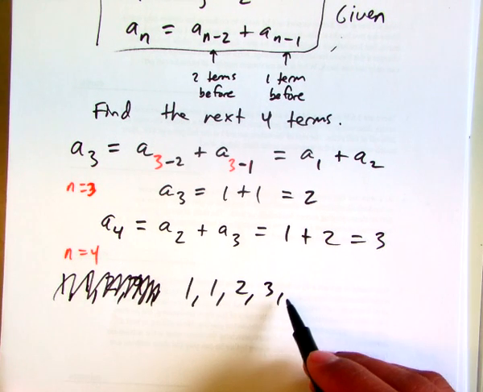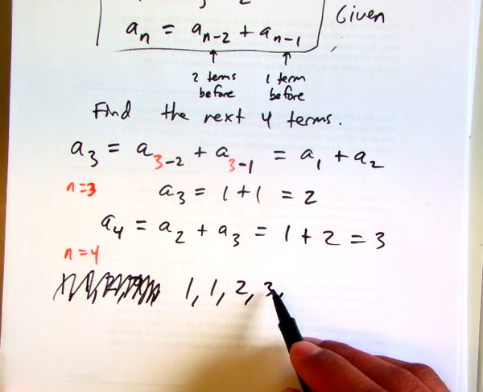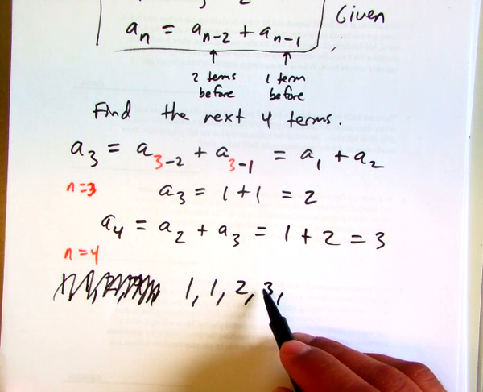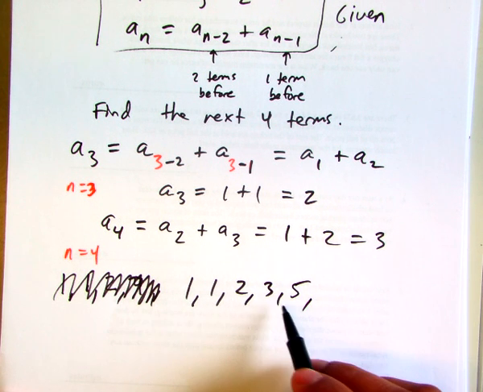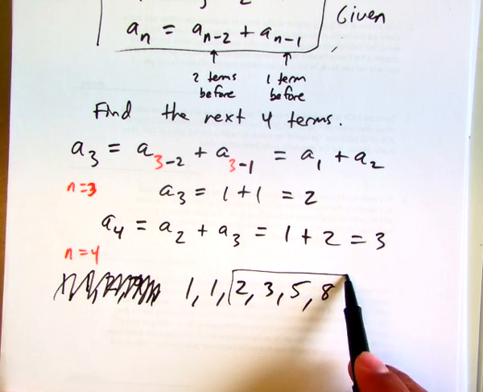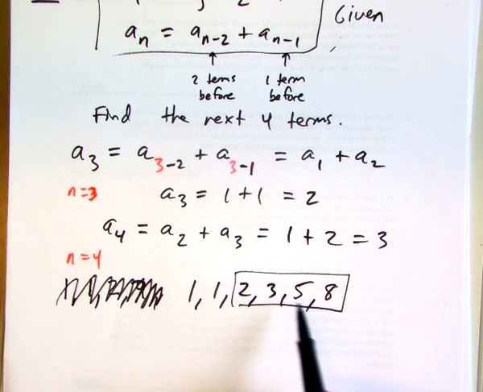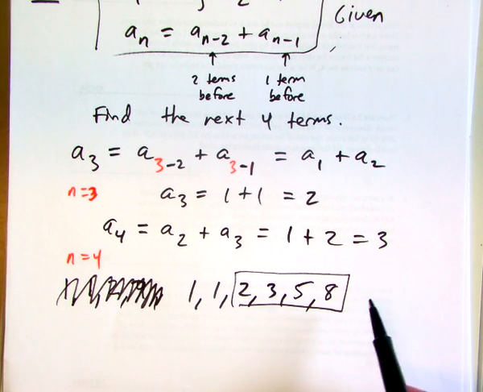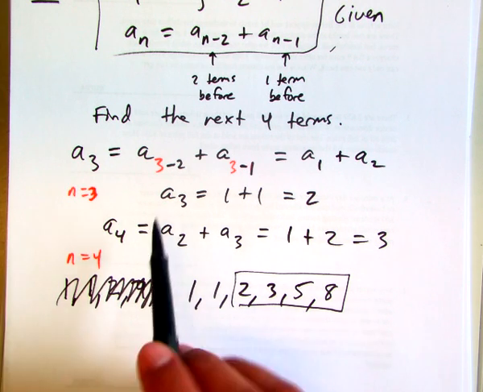So if I'm looking for the fifth number, I just add the third and fourth number together, you get 5. To get the next number, you add 3 and 5, you get 8. So these would be the next 4. So if you see what the pattern is, you might be able to just figure out the answers.